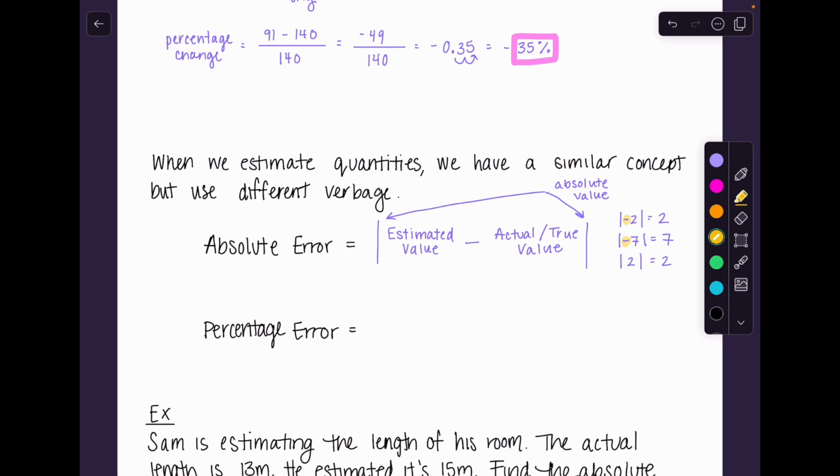Okay. Now our percentage error does exactly the same thing. We see how much were we off by, or how much did we lose or gain, just like the other one. And we're going to find what percentage that is of the real value. So here we take the absolute error and we divide it by the actual or true value.